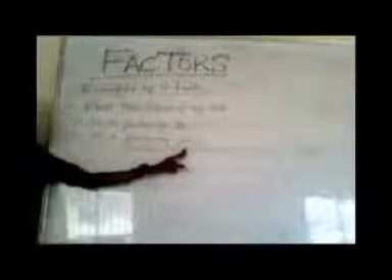Now, we know that 1 is a factor of 20 and 2 is a factor of 20. What else? 20 is a factor of itself, because every number is a factor of itself.